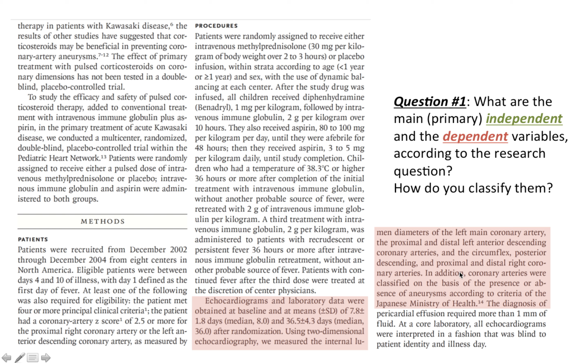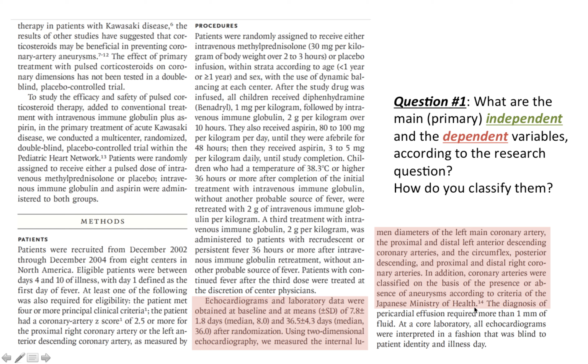I just said that there were two primary outcomes. The first one was the dimension of the coronary arteries in absolute numbers and Z score. And the second primary outcome is this: the presence or absence of aneurysms, according to criteria of the Japanese Ministry of Health.